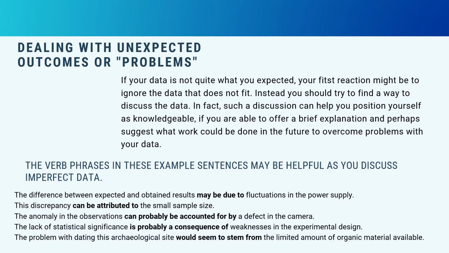The anomaly in the observation can probably be accounted for by a defect in the camera. The lack of statistical significance is probably a consequence of weaknesses in the experimental design. Or the problem with dating this archaeological site would seem to stem from the limited amount of organic material available.